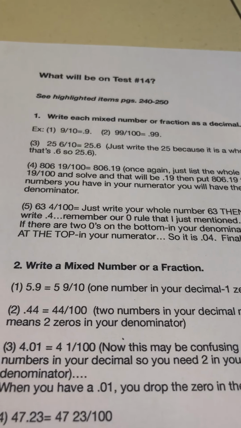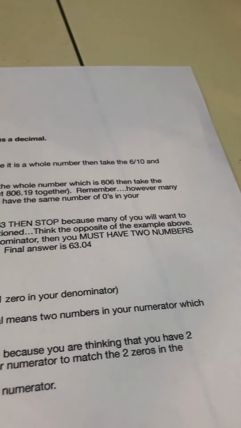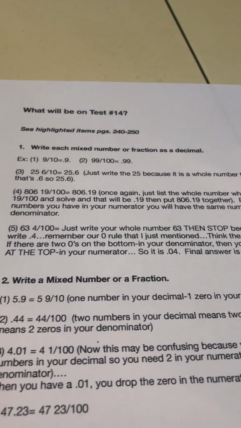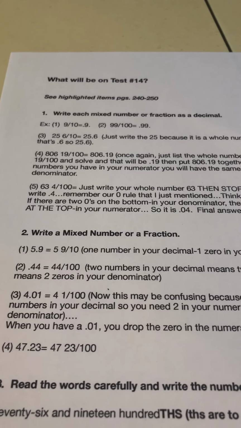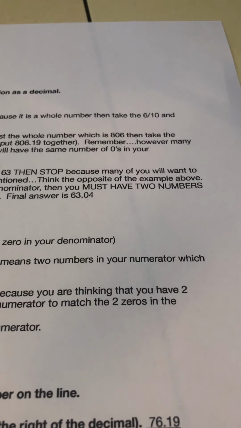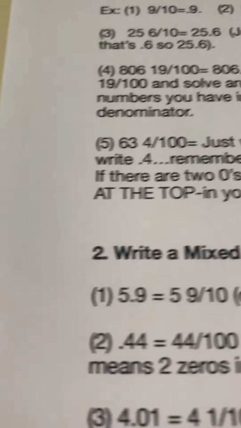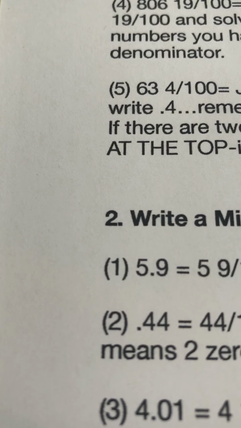There are 2 numbers in your decimal, which means 2 zeros in your denominator. I don't know how I'm saying this, guys. I hope I'm not confusing you. Let me see how I wrote this out. 2 numbers in your decimal means 2 numbers in your numerator. You see the 44?